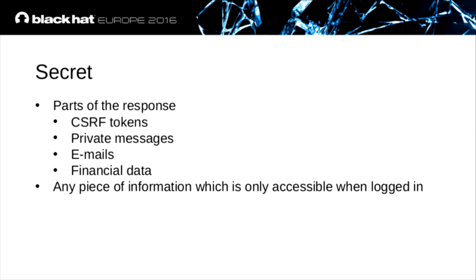Technically, any part of the response which is encrypted can be considered a secret. But in general, we'll say that a secret is any piece of information in the response that can be accessed only when the user is logged in. So this can be some financial data, a CSRF token, some private messages or emails, or other sensitive data.